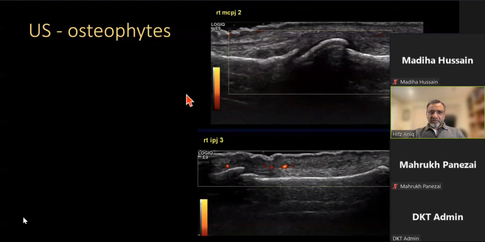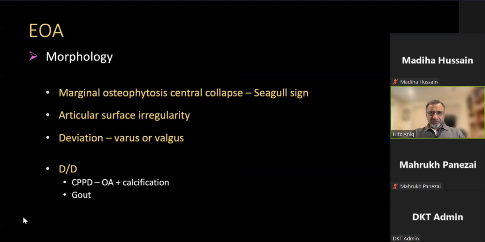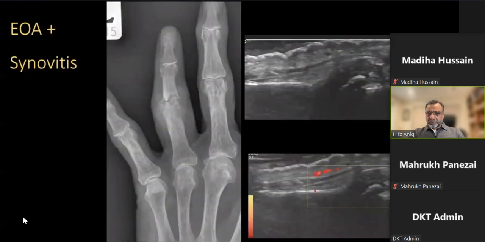That is an osteophyte. Now, I just want to show you the erosions. You can see that the outline has a discontinuity there, and there's quite a bit of synovial thickening, and this erosion gives us an idea that there's some inflammation which is producing the erosion.